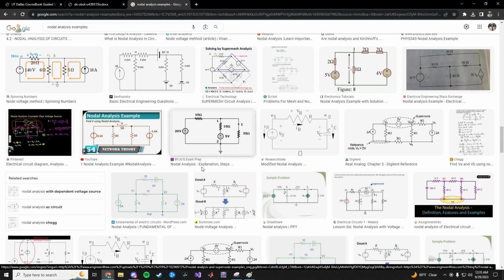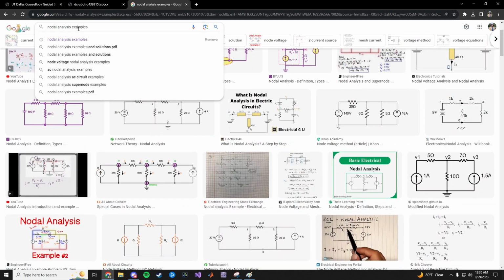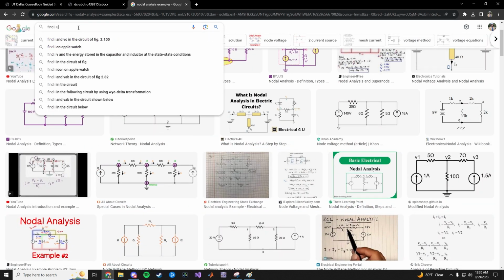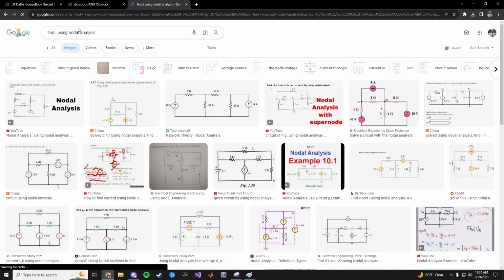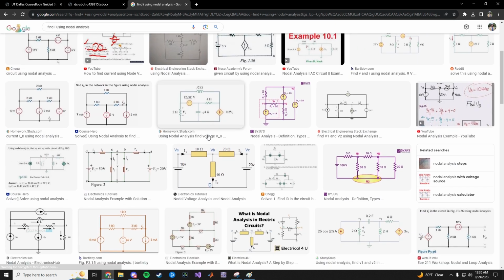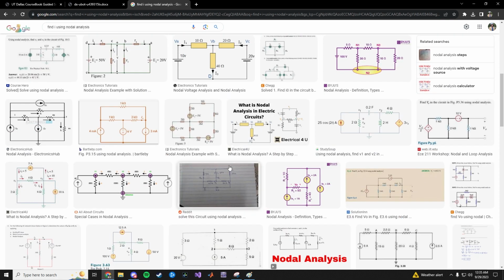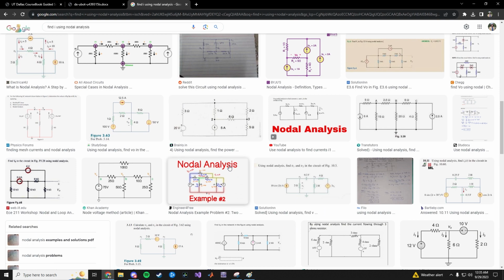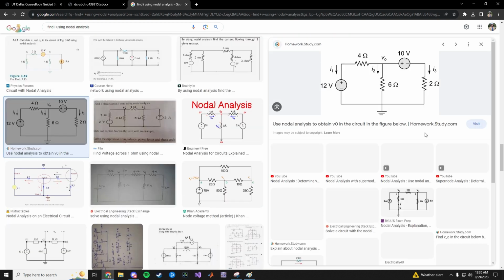Let's see, here, I'll find this. See if that gives a good one. I'm trying to find one that's not weird, like these voltage sources pushing down. Those are a little bit different. No. Okay, this one looks cool.